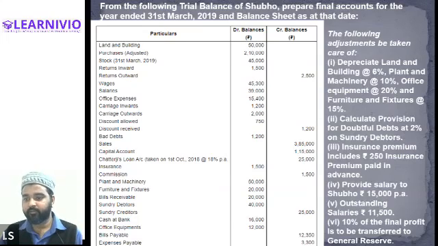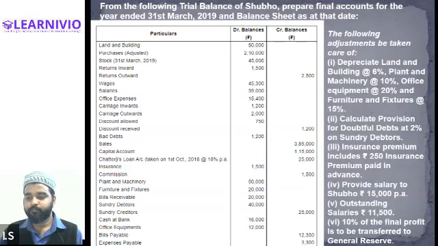Here it is written, we need to provide salary to Shubho, 15,000 per annum, and we have an outstanding salary of 11,500 as well. So adjustment entries number 4 and 5 both deal with the salary. How are we going to deal with this?